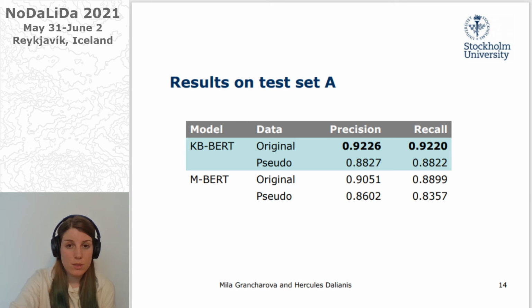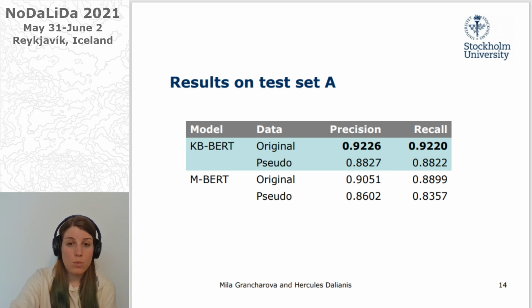Here we can see the results on test set A. The best results were achieved with the Swedish BERT model when fine-tuning it with the original data. The recall we see here is on the same level as the previously highest reported recall. It's actually almost exactly the same.